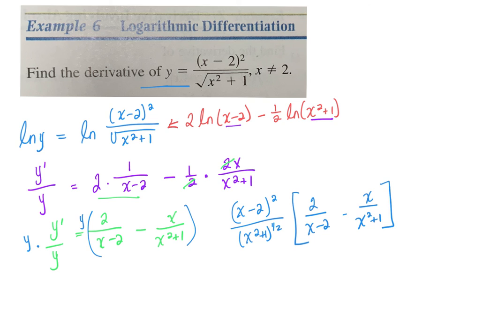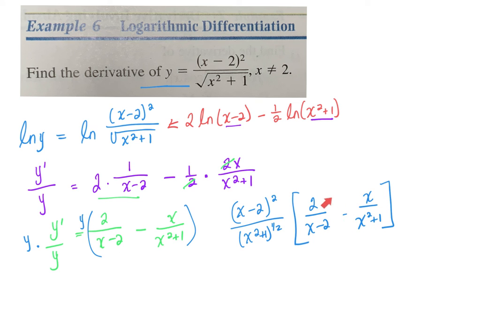So we're going to look at what my common denominator is, all right? What is my common denominator between these two? Don't overthink it. It's x minus 2 times x squared plus 1. It's these two.